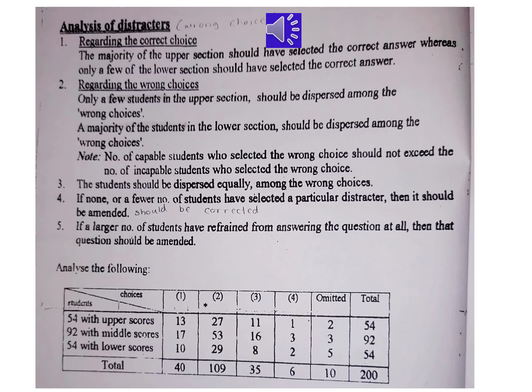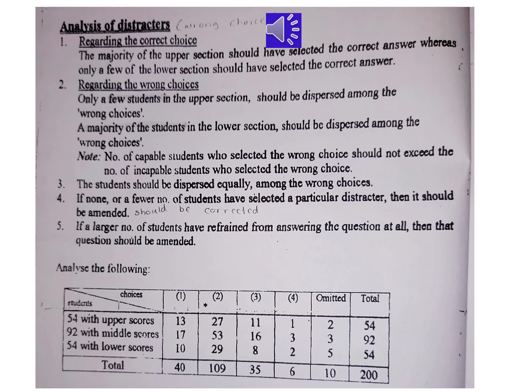Now here, regarding the wrong choices, 13 and 27 from the clever students have selected. But if we take the weaker students, only 10 and 29 have selected this one. So the first one is also a problem. There's a problem in the first choice.